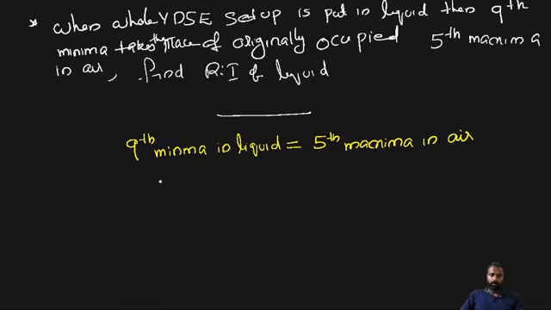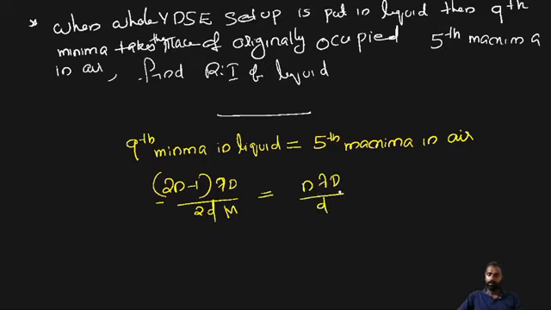So we just put the equation of minima, that is (2n minus 1) lambda D by 2d, and with refractive index mu, which equals the maxima in air, that is n lambda D by d.